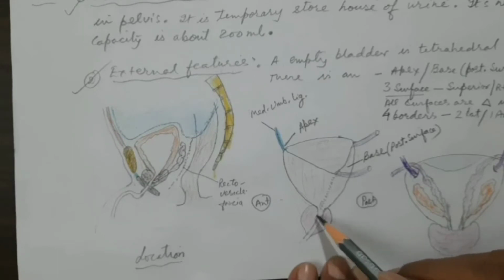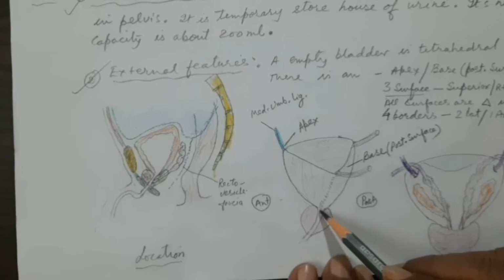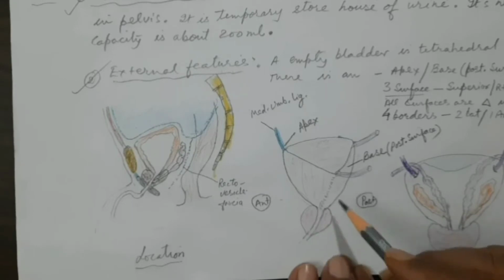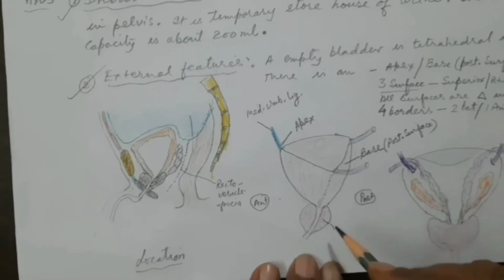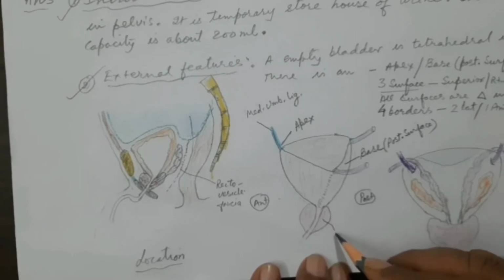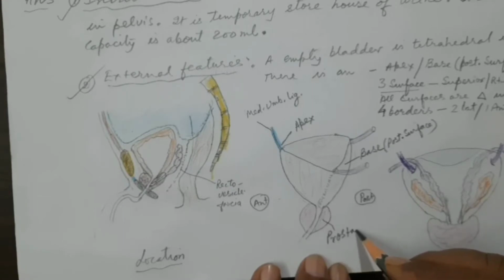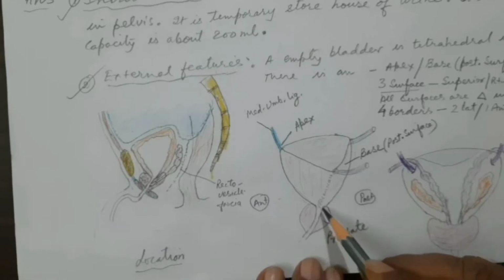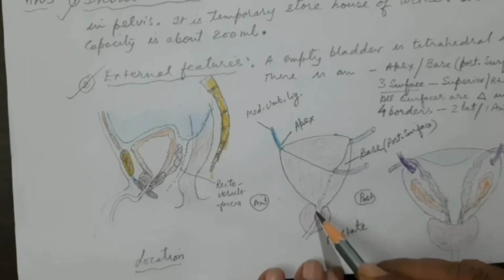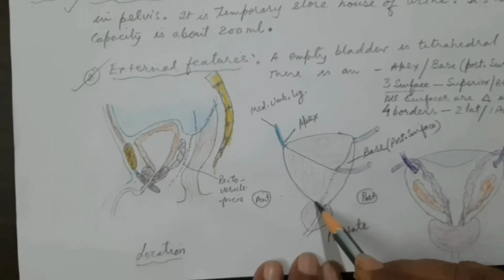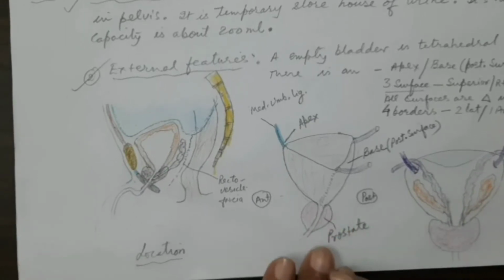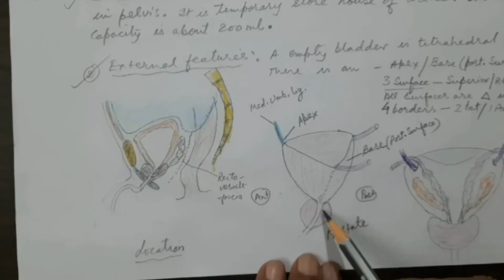At the neck there is an organ surrounding the urethra, starting from the neck of the urinary bladder. This is called the prostate gland, which completely surrounds the first part of the urethra, called the prostatic urethra. That means it abuts onto the neck of the urinary bladder. This lower part, where I am putting my pencil, is called the neck, which is fixed and a firm part.